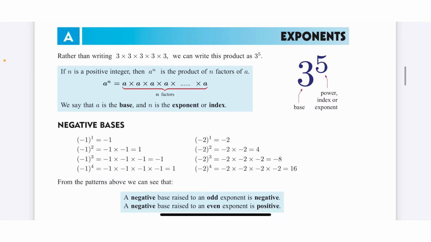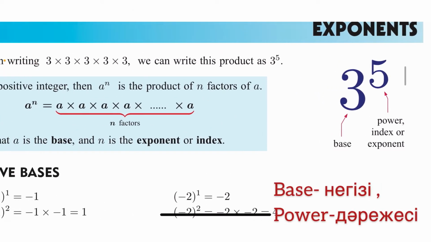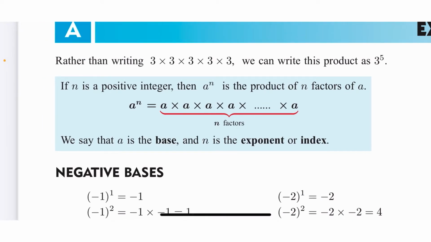Now, as we said in the previous lesson, what is an exponent? We talked about the base and the power, index, or exponent. So rather than writing again and again, like multiplying 3 or any number 6 times, 7 times, or 8 times, we rather use a degree, right?